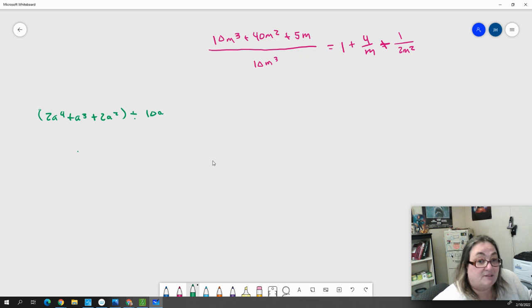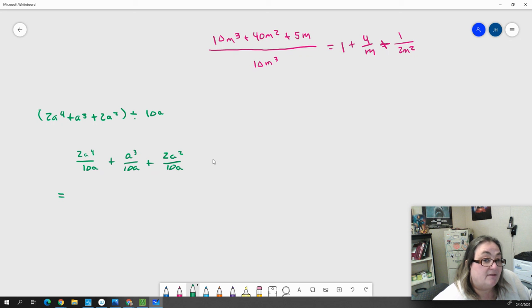We would rewrite this as 2a to the 4th over 10a plus a cubed over 10a plus 2a squared over 10a, and we would just reduce each piece.